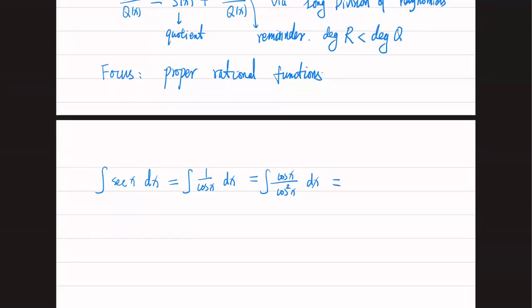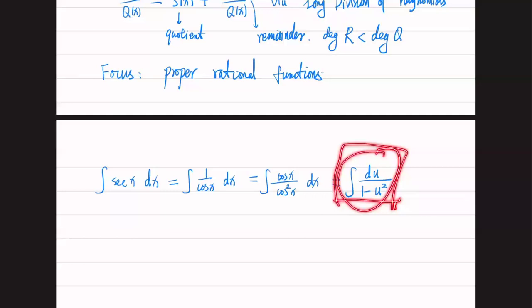Then we use the substitution, du, and get 1 minus u squared. At that moment, we couldn't continue. We don't know how to integrate this rational function, and we don't have the formula for this. 1 minus u squared. How do we integrate this one?